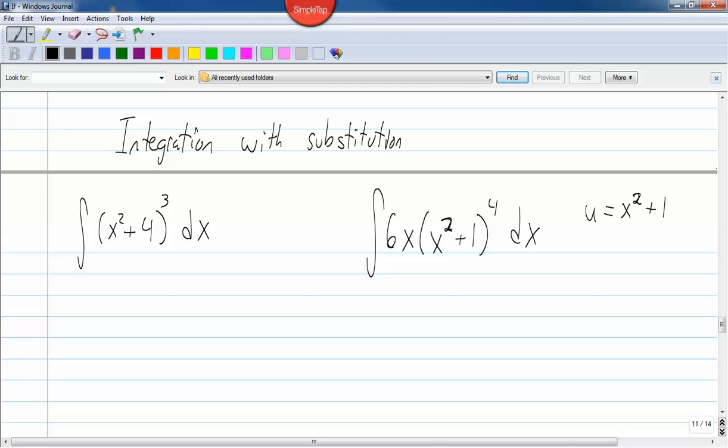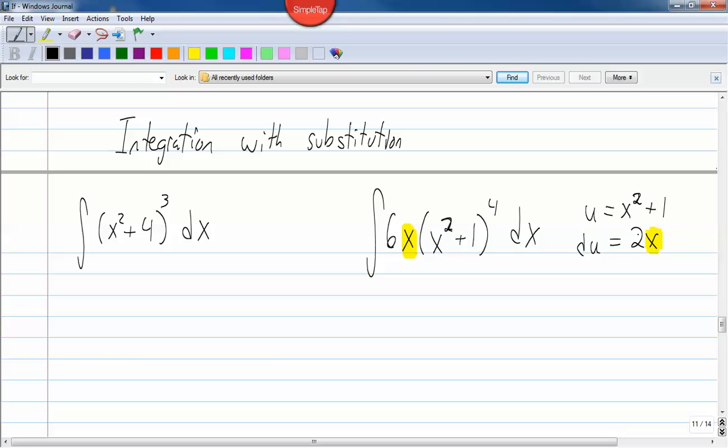All right, so if I do that, what is the derivative of u equal to? It's equal to 2x. Now, this x right here, x to the first power, is present right here in the problem. Actually, to do this integral, this x has to be right here in the problem.